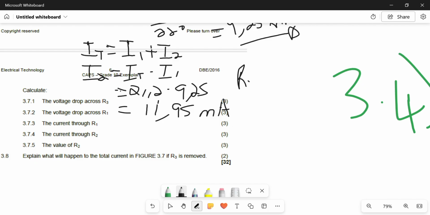It will be R2 equals V at R2 over I at R2.